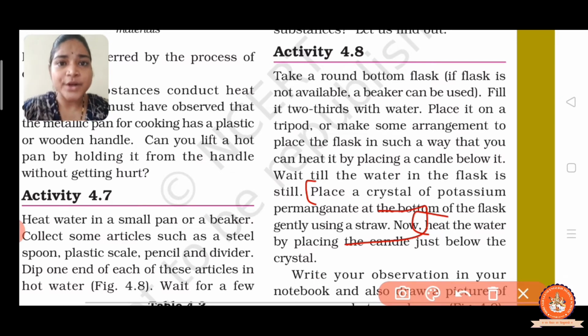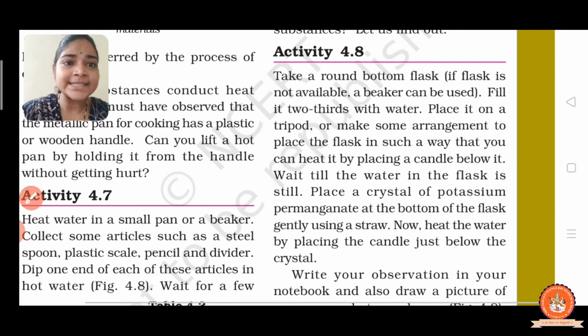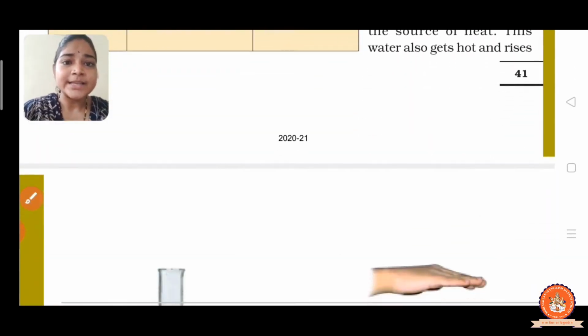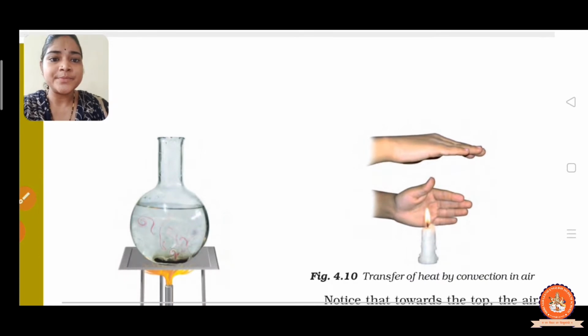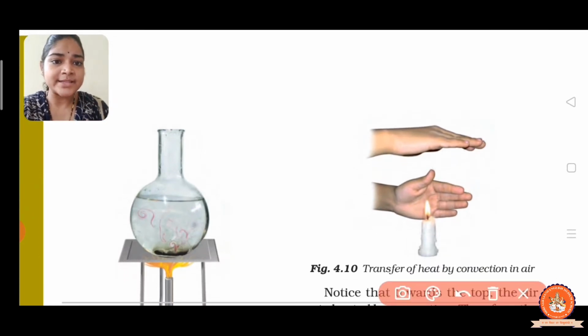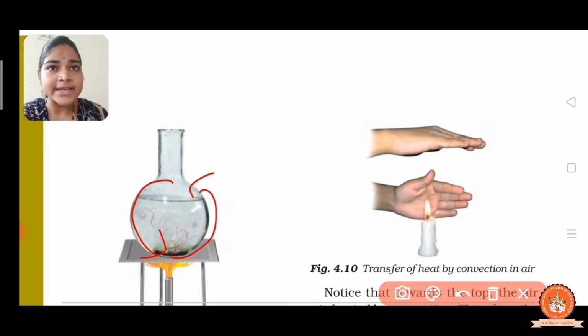Now what happens when the hot water rises up? When the hot water rises up, the cold water moves in a downward direction towards the source of heat, right?